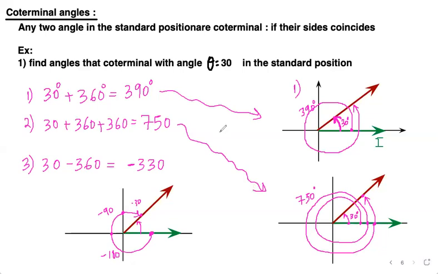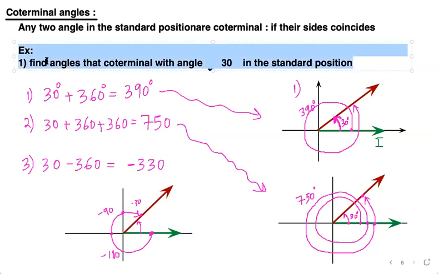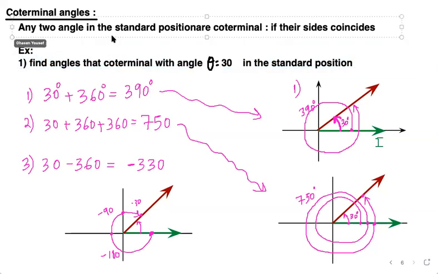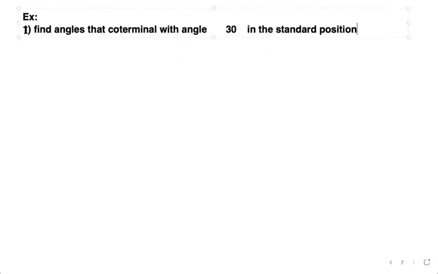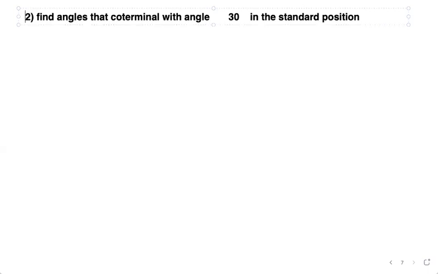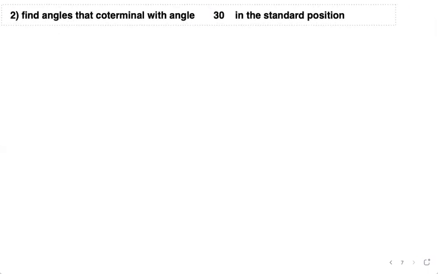Okay, another example. This is part one of the example. Now part two, question number two. The angle is not in degrees, now it's in radians.